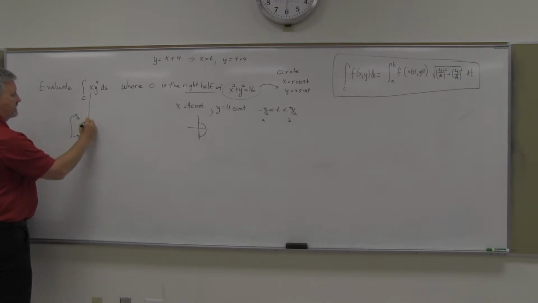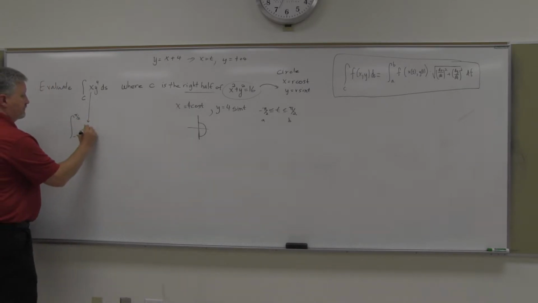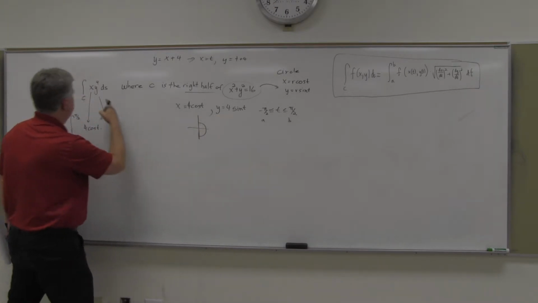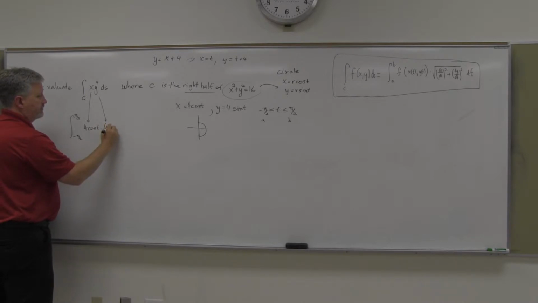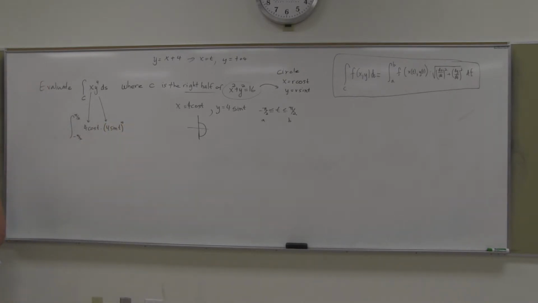All right, now x is 4 cosine t. So we have 4 cosine t. y is 4 sine t, so that means I have 4 sine t to the 4th. So you're just changing whatever your parameters are, you change whatever that tells you to do. All right?